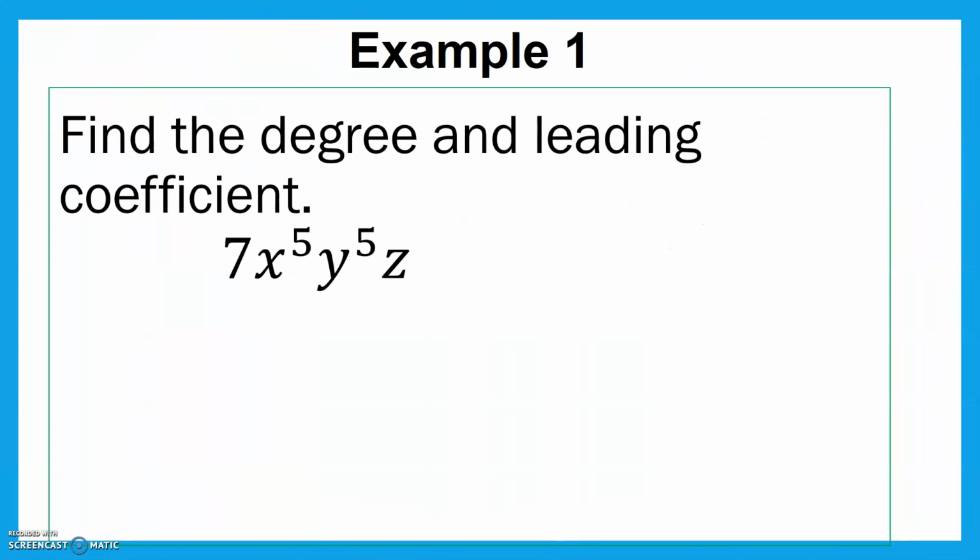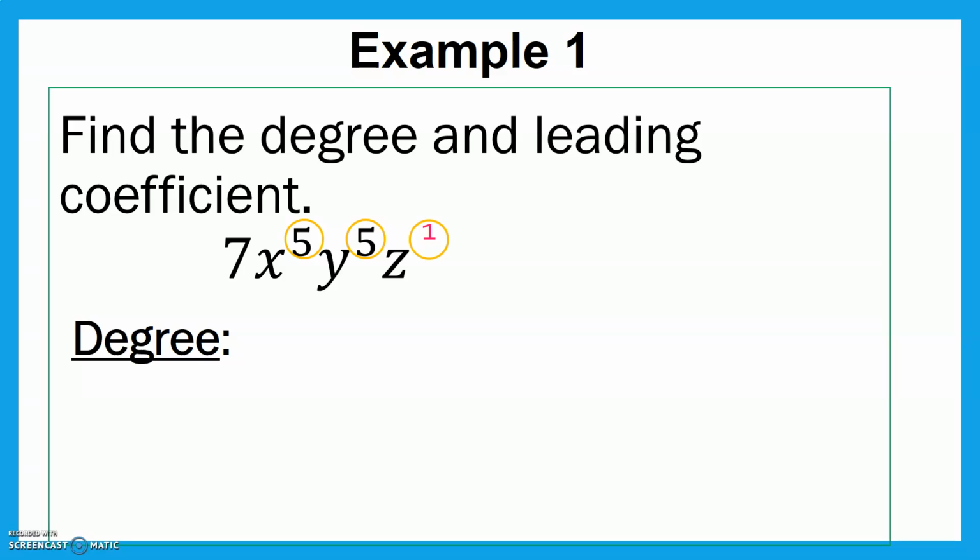So here's our first example. Find the degree and leading coefficient. We have to look at this and say this is a monomial because it's only one term. There's nothing being added or subtracted. To find the degree of a monomial, I add up all the exponents. There's one exponent, there's the other exponent. What about that z? It doesn't have an exponent, but remember, if a variable doesn't have an exponent, it's assumed to be 1.